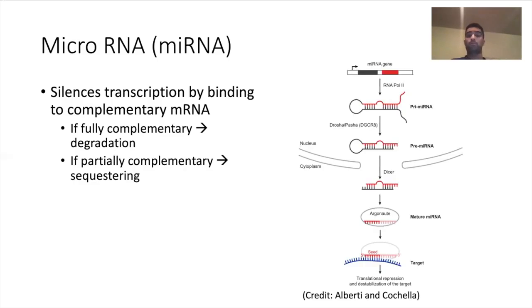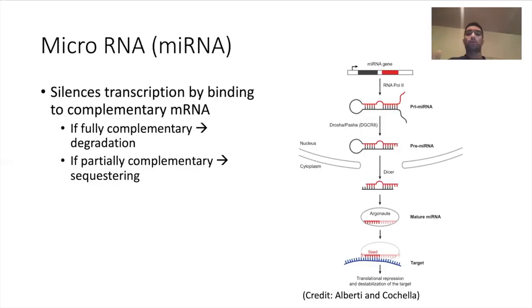If you remember from the previous video, DNA and RNA have 4 bases each, and these bases each have a partner that they base pair to, right? So in RNA, adenine base pairs to uracil, and guanine base pairs to cytosine.